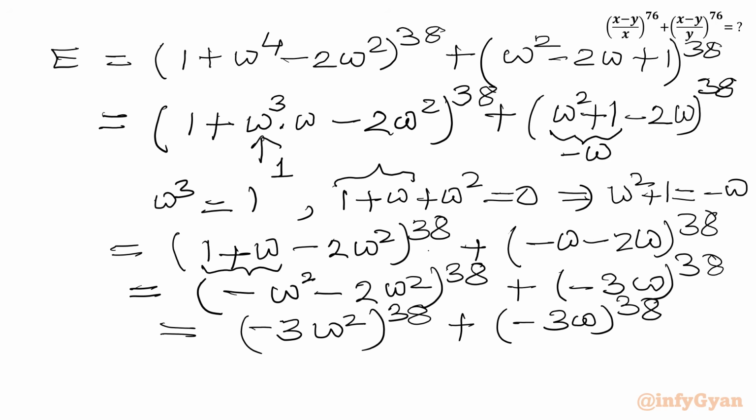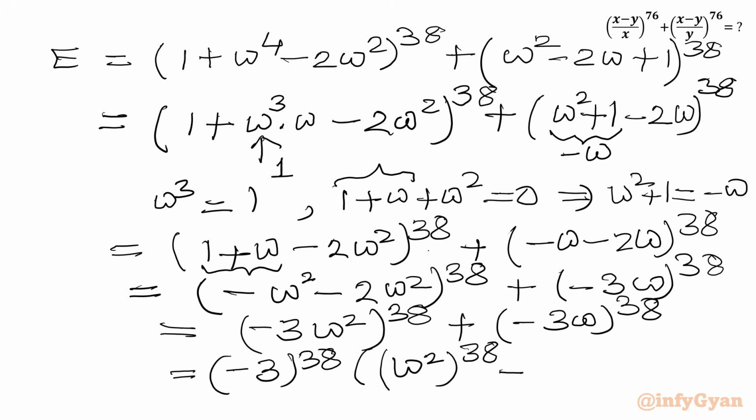We can take (−3) whole power 38 common out. So we'll write here (−3) whole power 38, and in the other bracket we will write (ω²) whole power 38 plus ω³⁸. Using power rule, 2 times 38 will be 76.